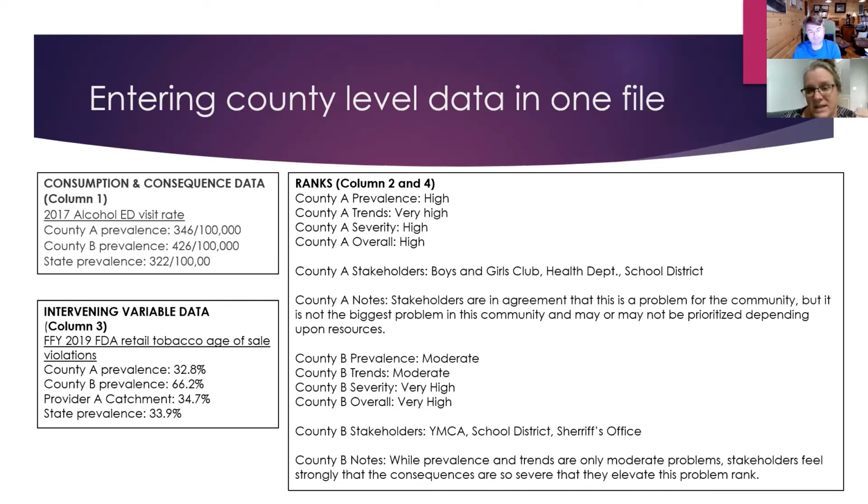When you're working with, say, the sheriff's office, we don't have to have the whole name of the agency. It's enough to just say sheriff's office or PD, whatever, just enough to know what those entities are. And those are mostly for your community, to show that you came to these decisions with others in the county.